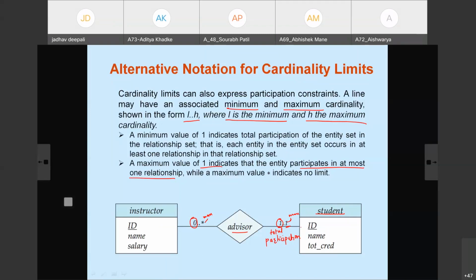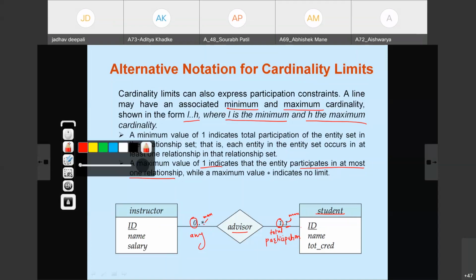And star indicates many, no limit. So 0 to star means any number. Means one instructor is associated with any number of students, but one student is associated with at most one instructor.